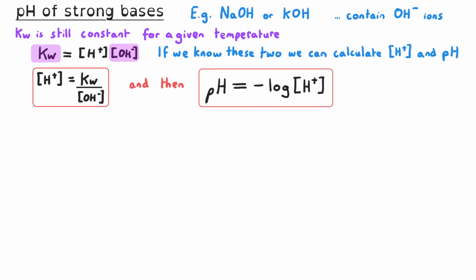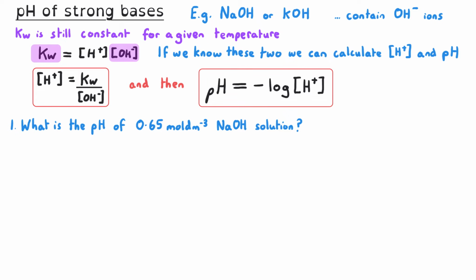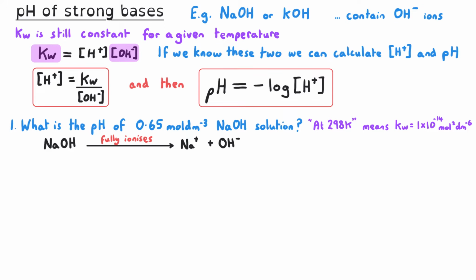So for instance, what is the pH of a 0.65 moles per decimeter cubed solution of sodium hydroxide at 298 Kelvin? Well, the fact it's at 298 Kelvin tells us that we can use Kw as 1 times 10 to the minus 14. Sodium hydroxide is a strong base, so that means that the hydroxide ion concentration is going to be the same as the sodium hydroxide concentration, so 0.65.